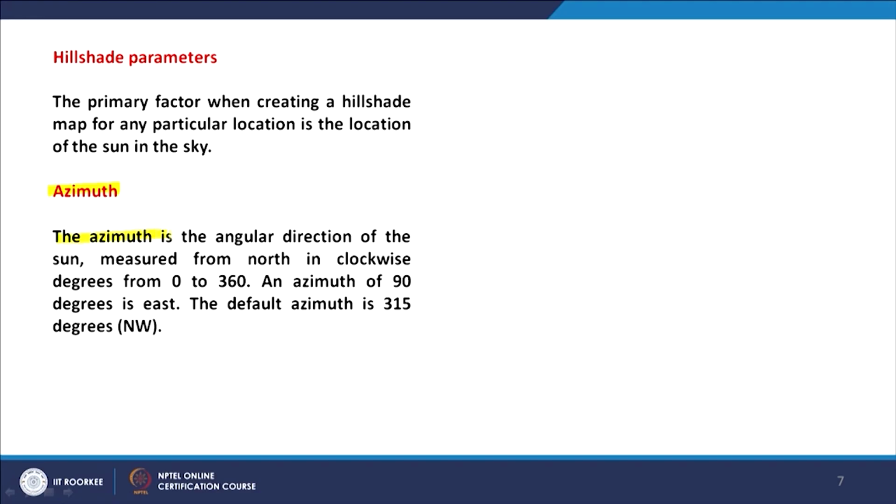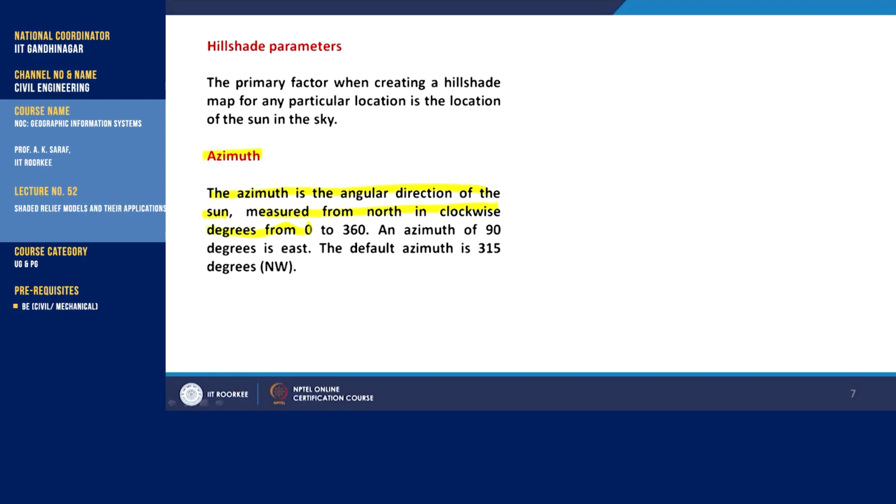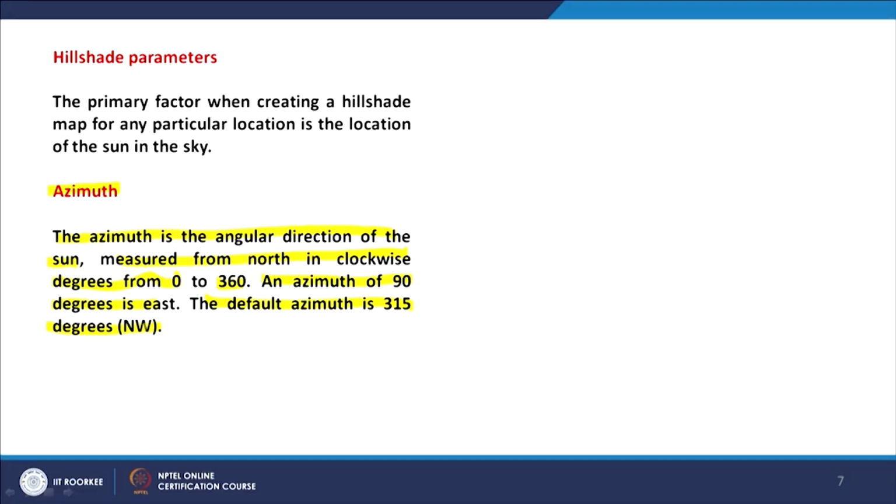Azimuth is basically the angular direction of the sun measured from north clockwise. So, north will have 0 or 360 degrees, an azimuth of 90 is towards the east, and the default azimuth in most software is 315, that is the northwest corner or northwest quadrant.